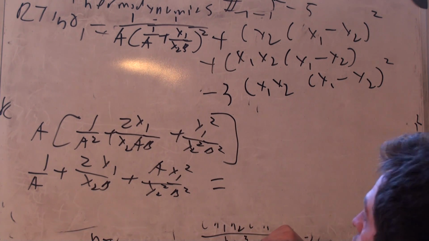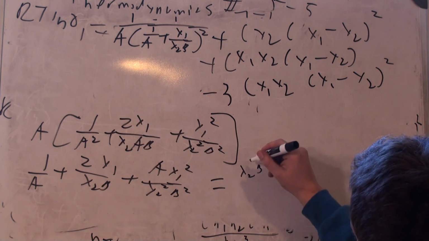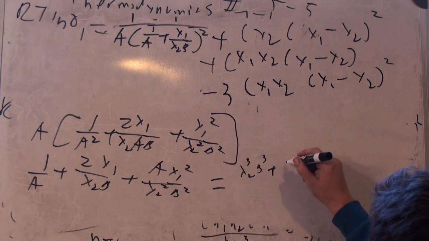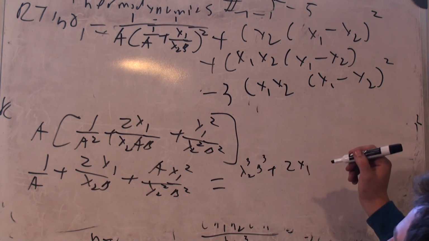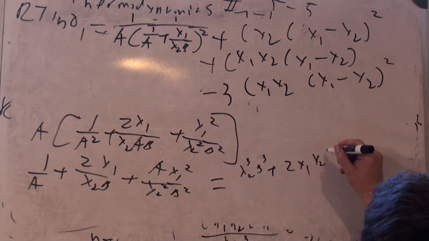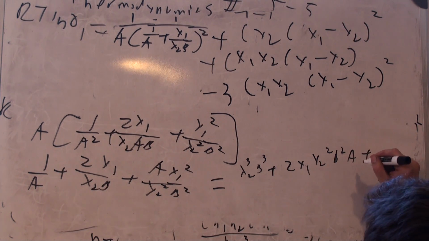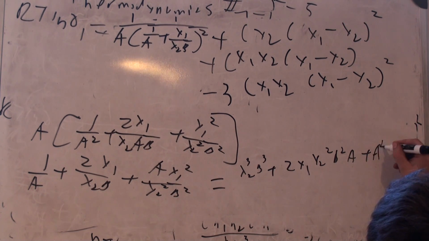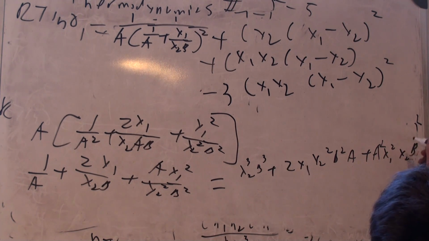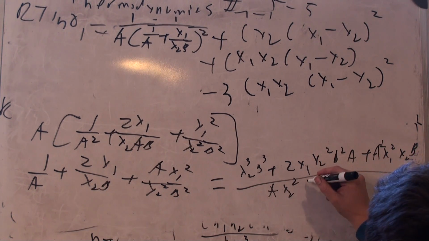I really doubt it. So we got x2 b cubed plus 2x1 x2 squared b squared a plus a squared x1 squared x2 b, all over a x2 squared b squared.